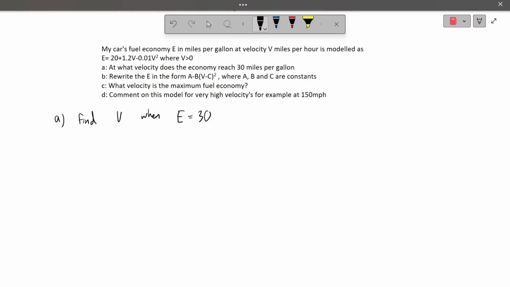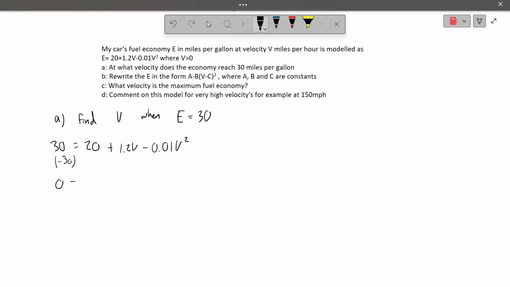equals 30. So all we do is plug in 30 equals 20 plus 1.2V minus 0.01V squared. And we just rearrange and use the quadratic formula. So I'm going to take away 30 from both sides.